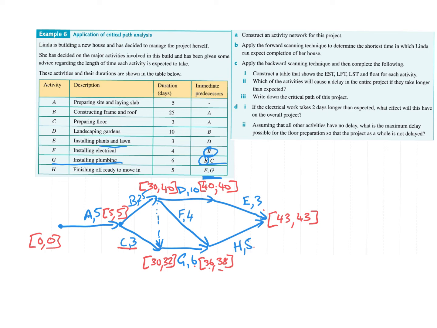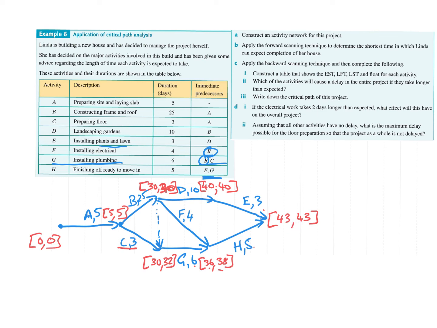Now, the question is asking, when we're going forward scanning to determine the minimum time to completion of a house, we look at the critical path. So these are the ones, oh, that's a mistake. Should be 30. You would have stopped me in class if I was doing that.